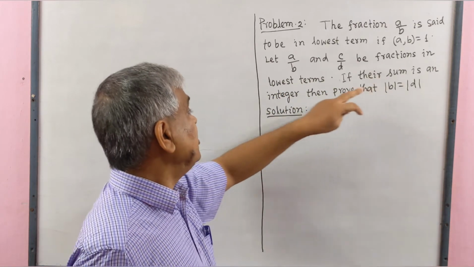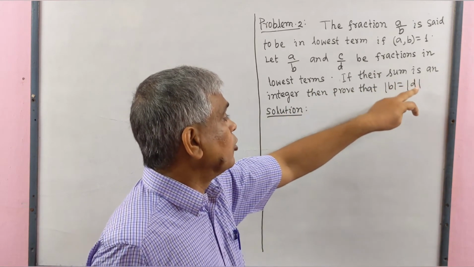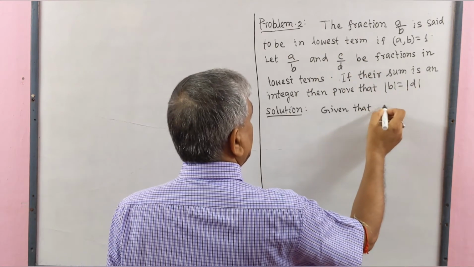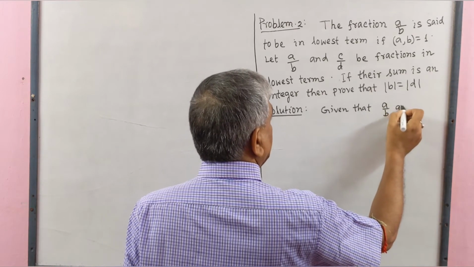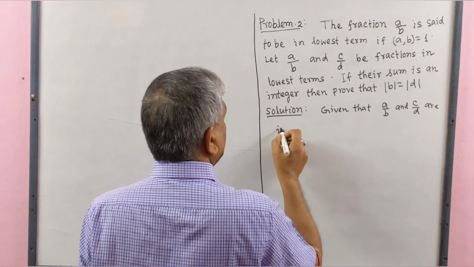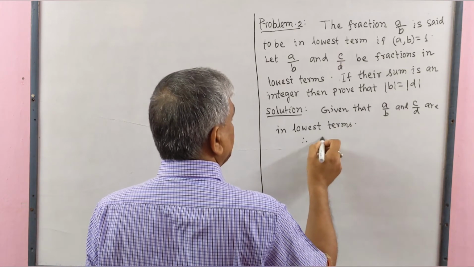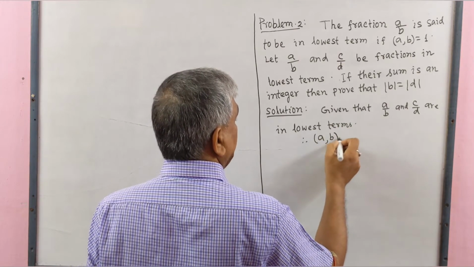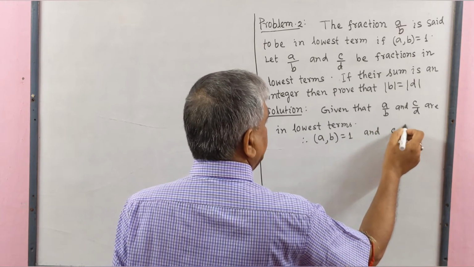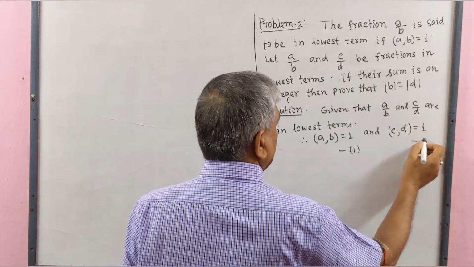If their sum is an integer, then prove that modulus of b equal to modulus of d. Since given that a by b and c by d are in lowest term, therefore GCD of a and b equal to 1 and GCD of c and d equal to 1. This is number 1, this is number 2.